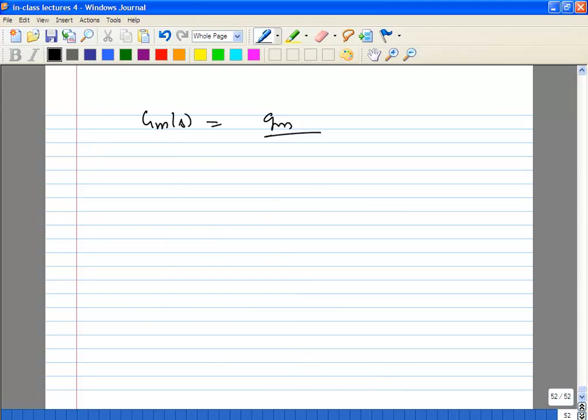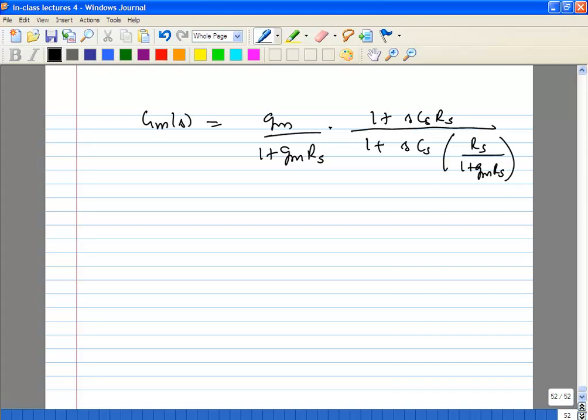Okay, so this is the 0 you wanted. So you can rewrite it in this form.